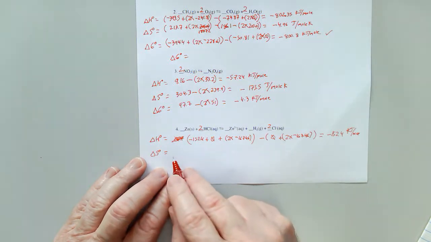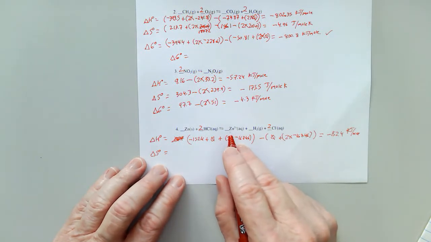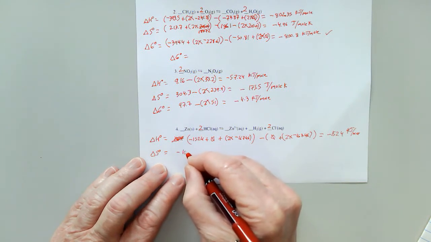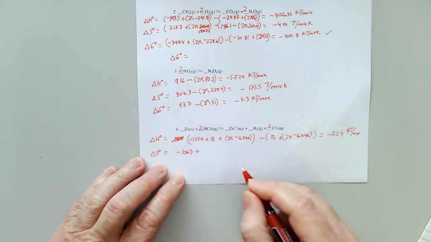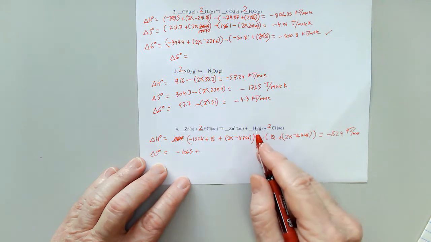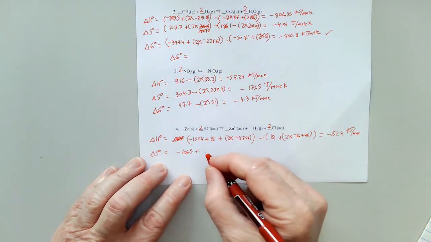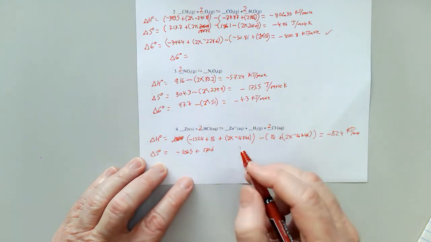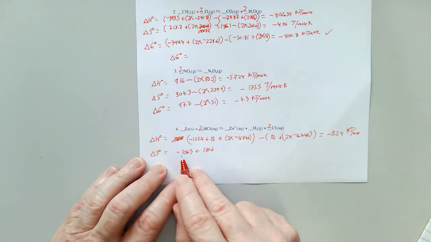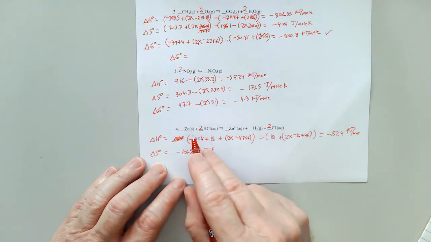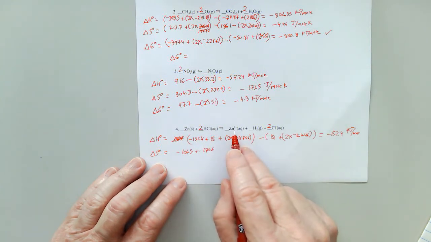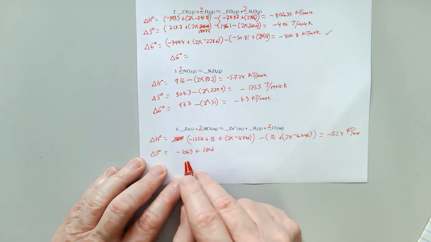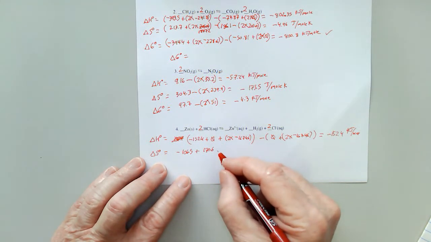All right, so delta S naught. My value for zinc 2 plus is negative 106.5 plus the value for H2, which is 130.6. And you first thought, wait a minute, a negative entropy there? Well, it turns out zinc 2 plus has lost electrons from zinc. That's why it ends up being a negative number.